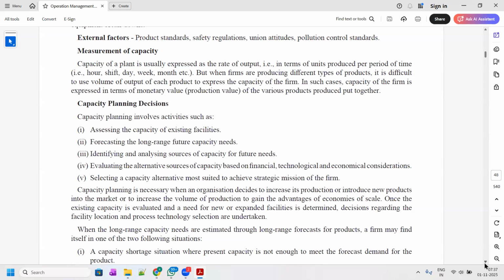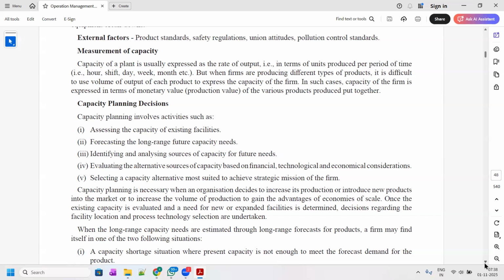Remember that the rate of output means the units you are producing per hour, per day or per week. Whenever the company makes many different products, it is hard to measure total capacity in units.